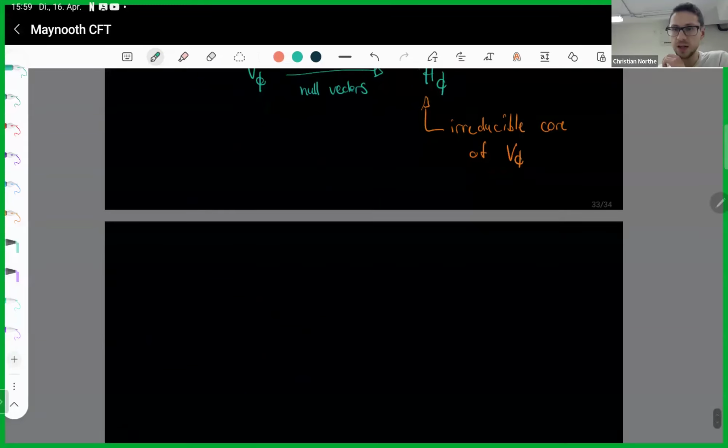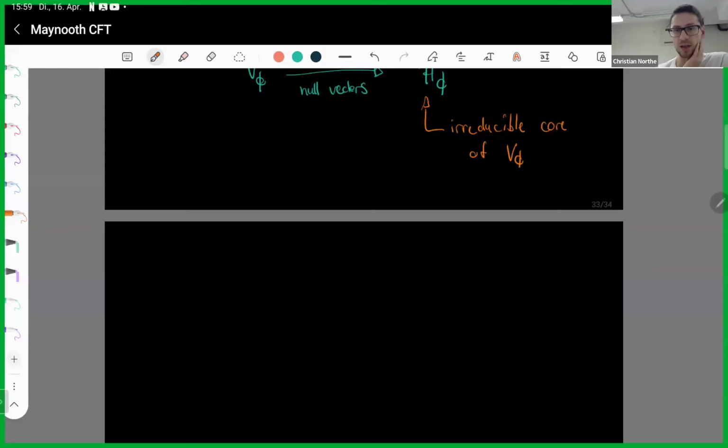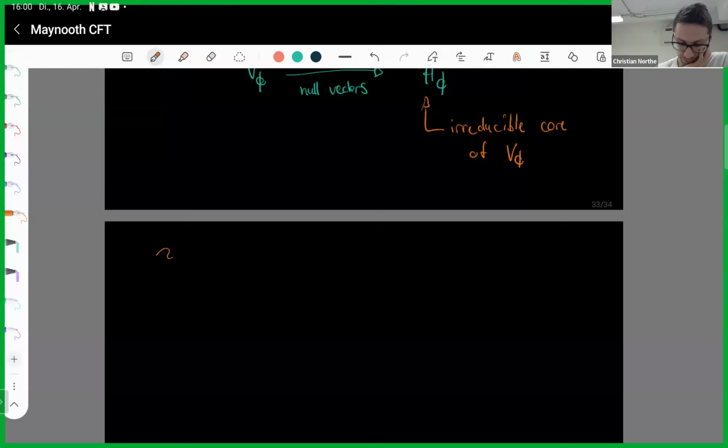So now we want to count states. Yesterday we counted states in a Verma module, and now we want to count states in an irreducible representation. That's the notion of a character. These things are going to be called characters.